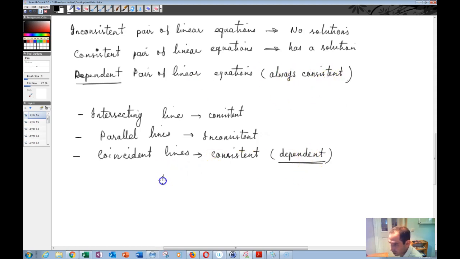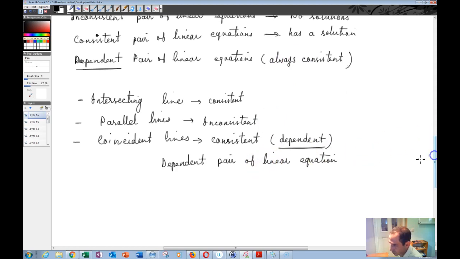If you say a dependent pair of linear equations, that means a pair of lines that are coincident or have many common solutions, and that automatically implies that the two lines are consistent.